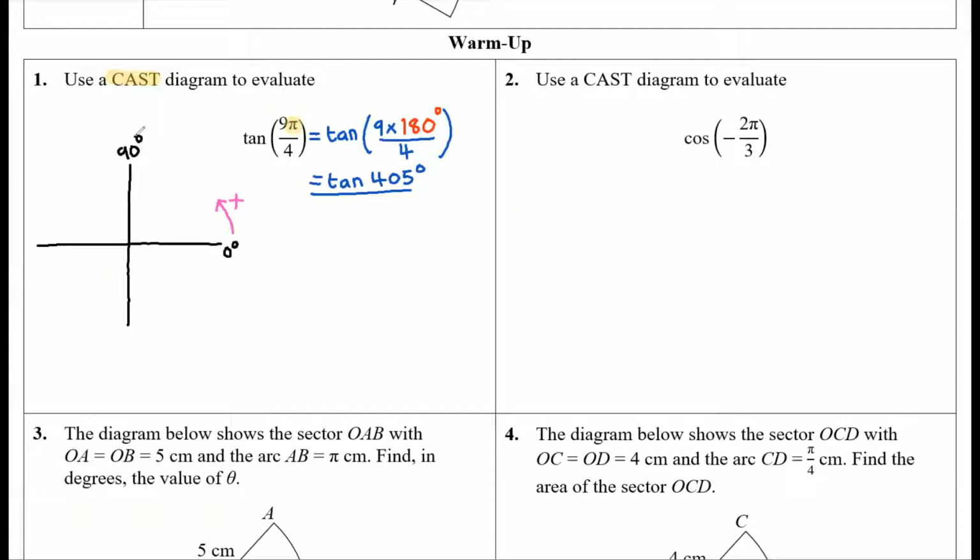We've got 90 degrees, we have 180 degrees, 270, and remember, of course, this comes back to 360 degrees here. Okay, now we're finding the tan of 405 degrees. Now, what this means is we're going to go 1 full turn all the way around. So that's a full 360, and then I've got to go a little bit more.